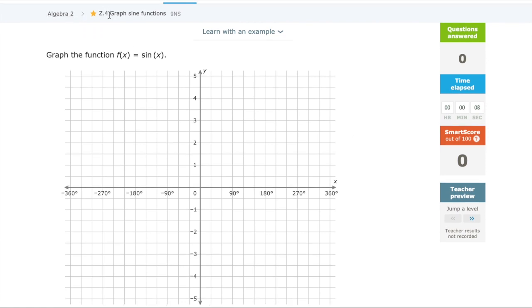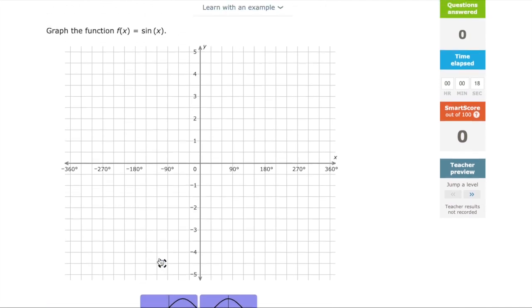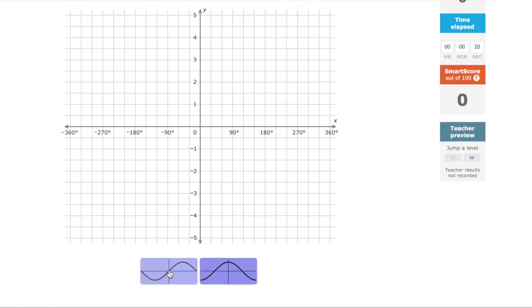So Z4, graph sine functions. If we were in class, this is probably what I would tell you, by the end of class, you should be able to graph sine functions. For sine functions, I don't know if they're trying to trip you up here or what, but this is the one we're going to go with. This is the sine function. This looks like cosine to me because it starts up. That's kind of my tell.